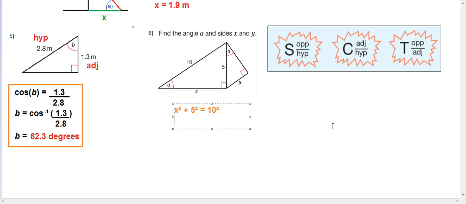Okay? So x squared is equal to 10 squared, or 100 minus 25. So this is 75. So x is going to be the square root of 75. Let's take our calculators.